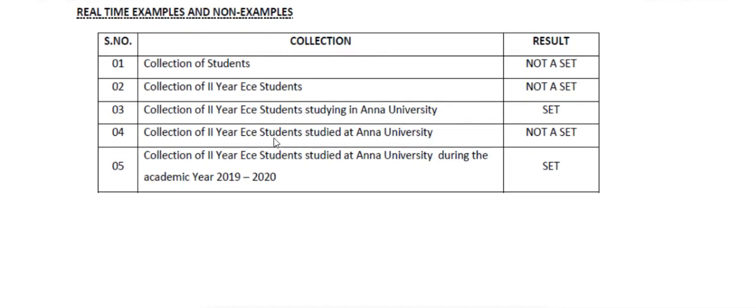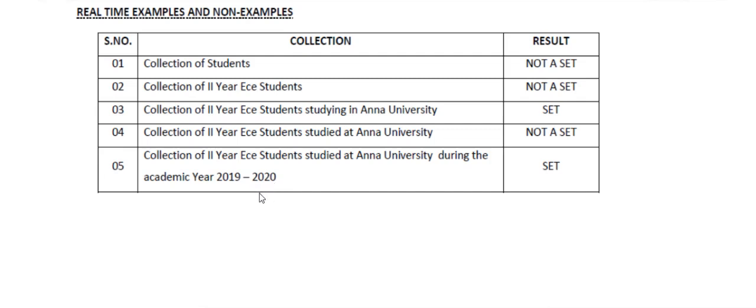Now, collection of second year ECE students studied at Anna University. How will you collect that? Is there any batch mentioned? Not, right? See the difference between the fourth and fifth one. Collection of second year students studied at Anna University during the academic year 2019 to 2020.